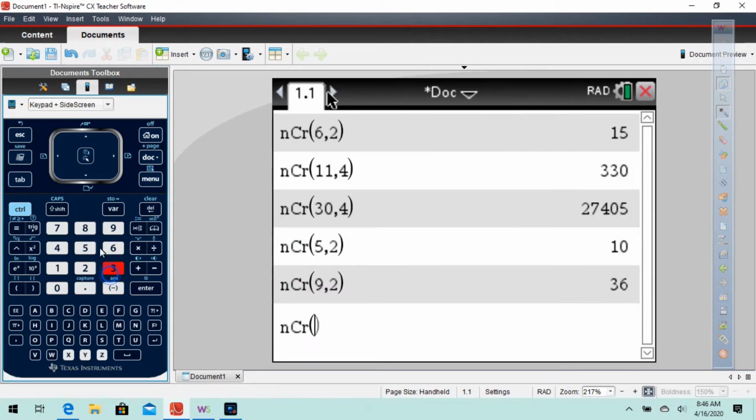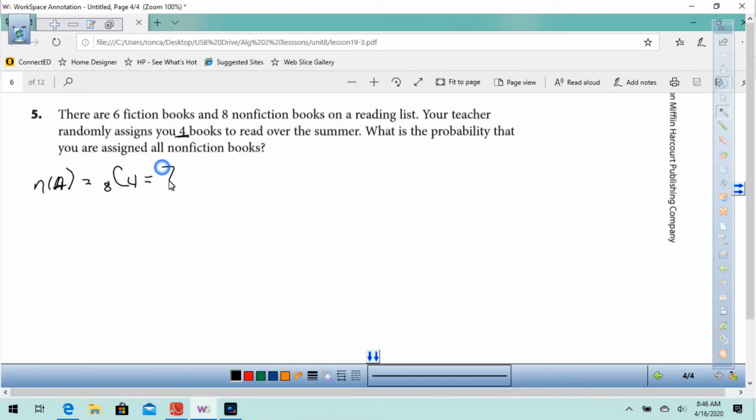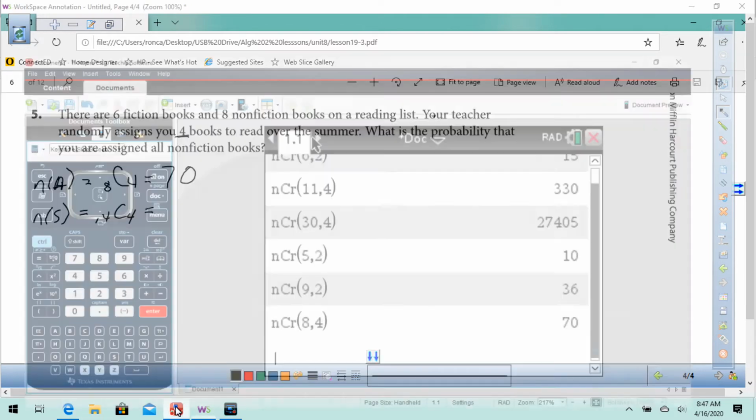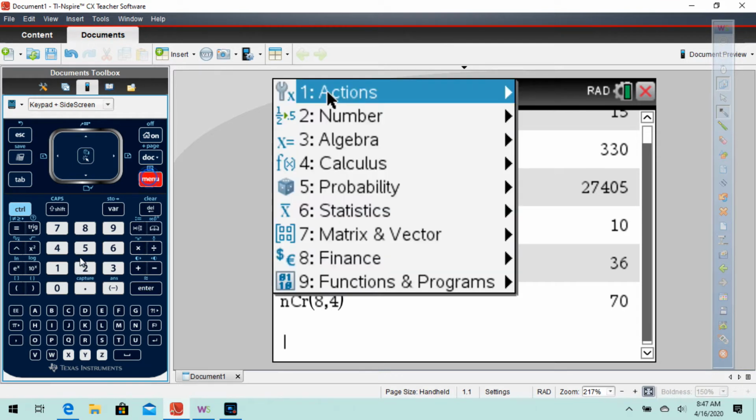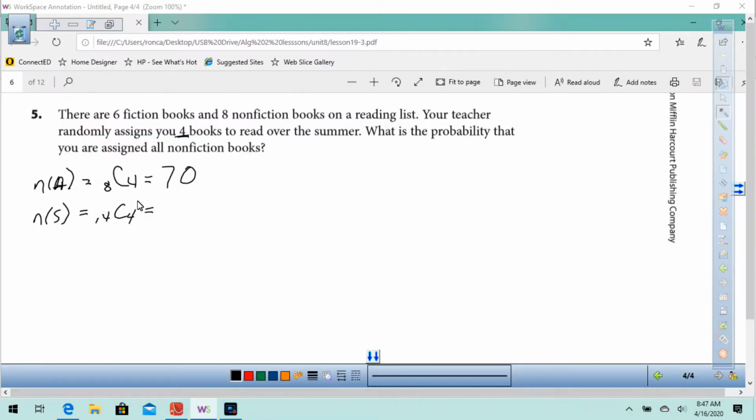Menu 5, 3, 8, comma 4, and that's 70. And now the total sample space is going to be, well, 8 and 6 is 14, so we got 14 choose 4. Menu 5, 3, 14, comma 4, 1001.